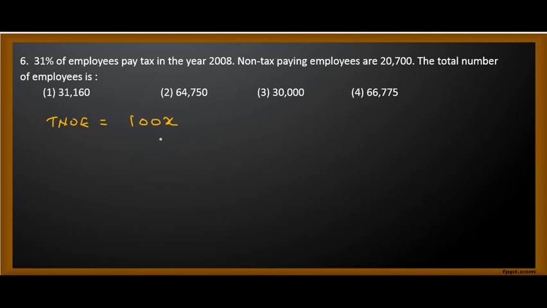How many of them are paying tax? 31%. So that is 31x. The remaining is nothing but 69%, that is nothing but 69x. These are non-tax payers. So 69x is equivalent to, what's the value given?